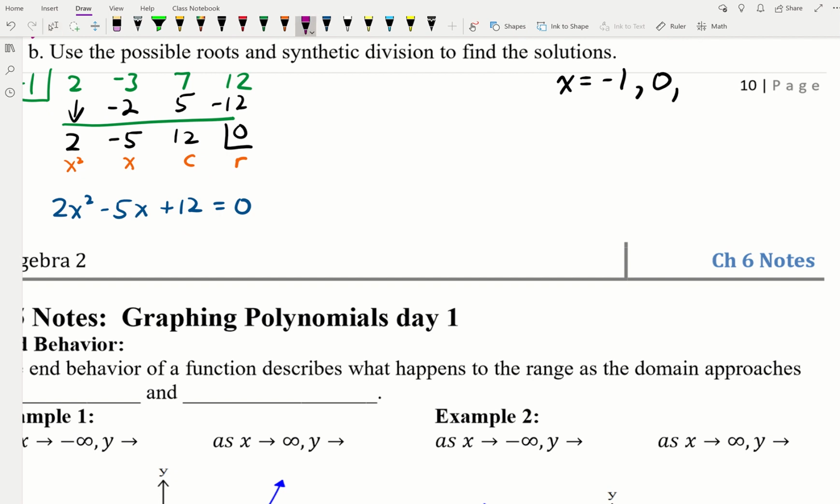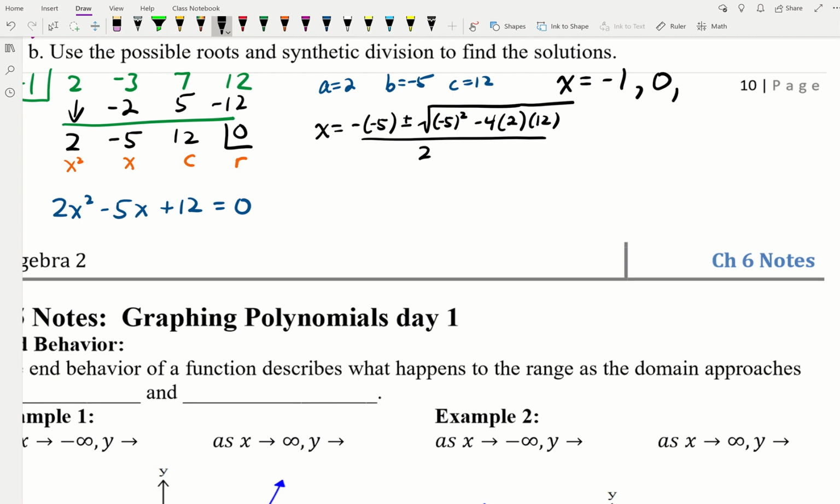So we learned the quadratic formula back in chapter 5. In order to use it, we're going to identify a, b, and c. So a in this case is 2, b is -5, and c is 12. We're going to plug it in. x equals -b plus or minus the square root of b squared minus 4 times a times c, all over 2 times a.